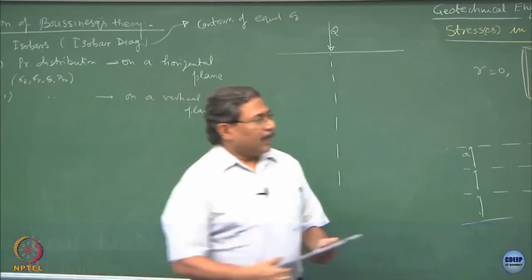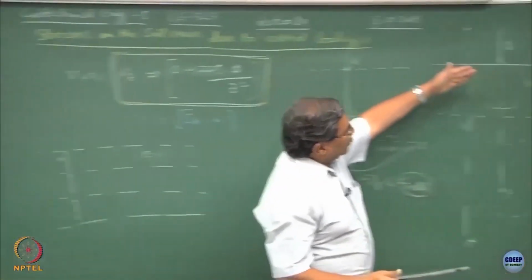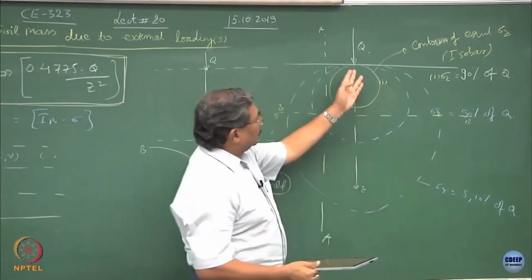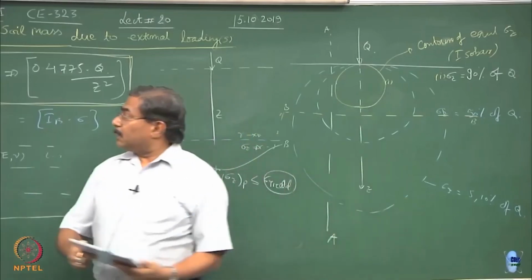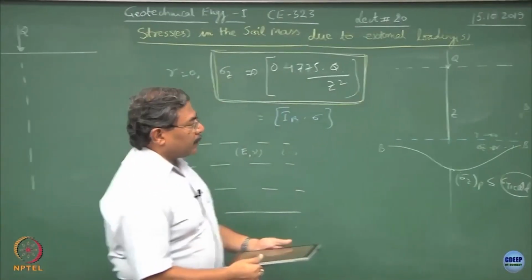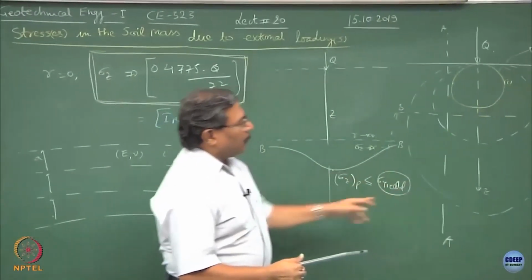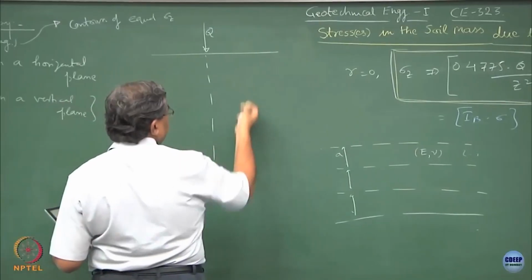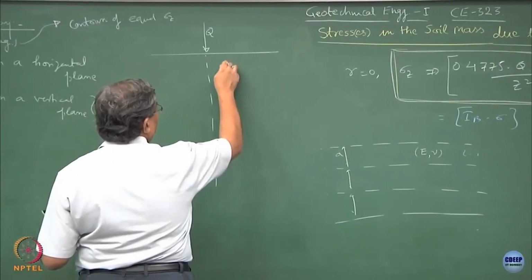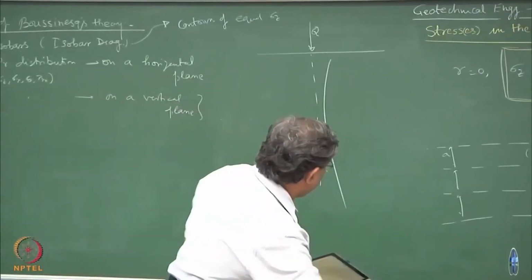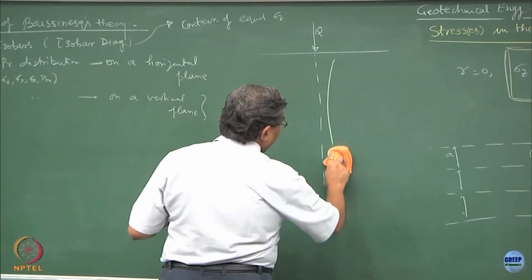Fine. So, as you come deeper, the pressure intensity is decreasing, this becomes only 5 to 10% of the Q value, and you can use this expression which I had written over here to compute the state of stress, and you can plot it over here. So, this would be a function like this, it cannot increase, so I have to curtail it somewhere here.